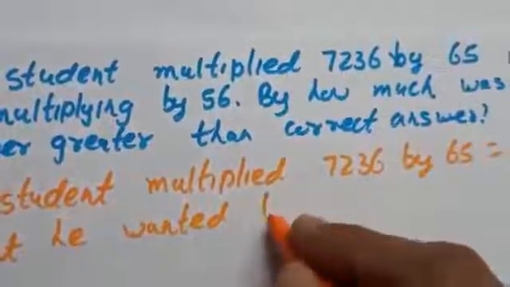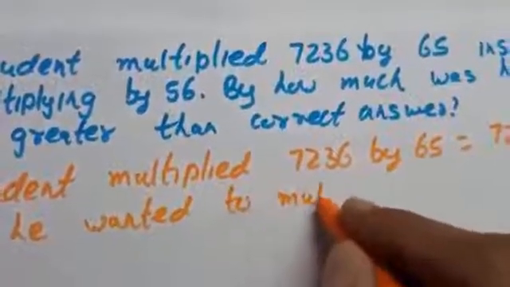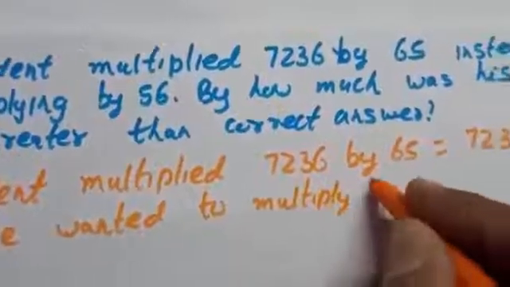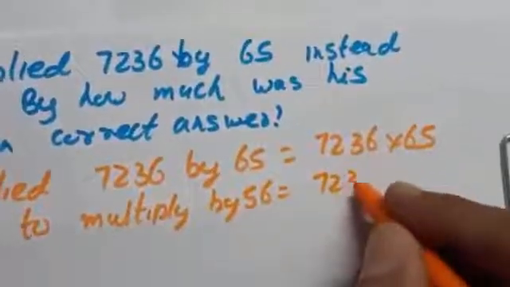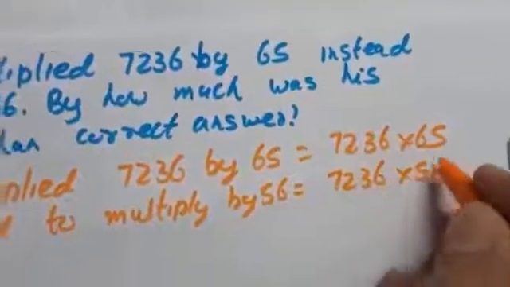But he wanted to multiply by 56, means 7236 multiplied by 56.